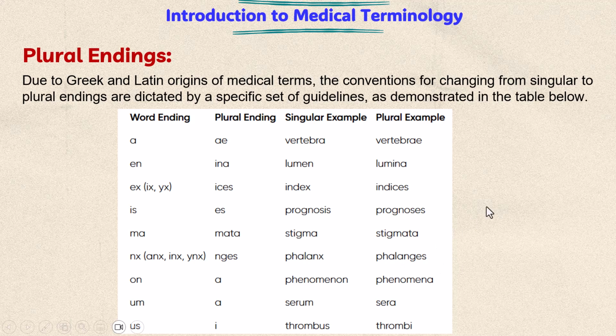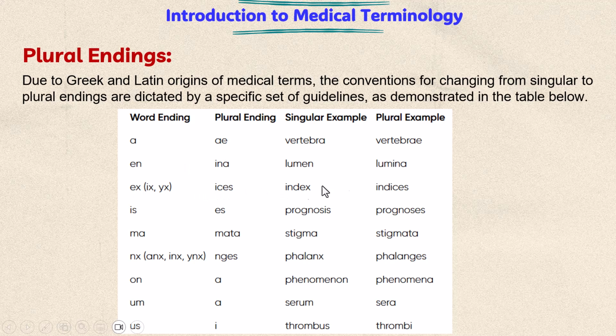Now let's see some interesting parts. Due to the Greek and Latin origin of medical terms, the conventions for changing from singular to plural endings are dictated by a specific set of guidelines, as demonstrated in the table below. For example, a word ending with a has the plural ending ae. For example, vertebra is singular, vertebrae is plural. If the word ends with en, the plural ends with ina. For example, lumen, lumina. Similarly, ex to ices.